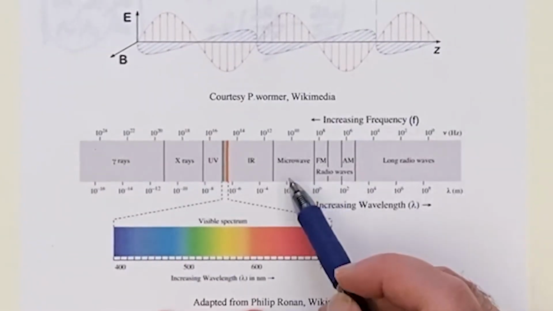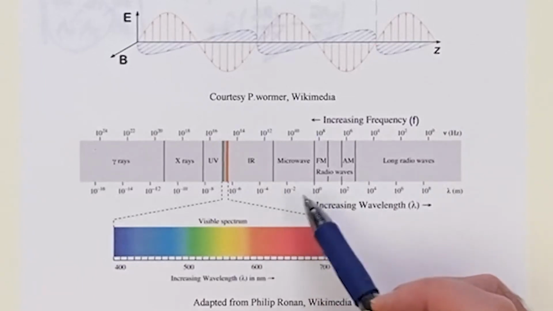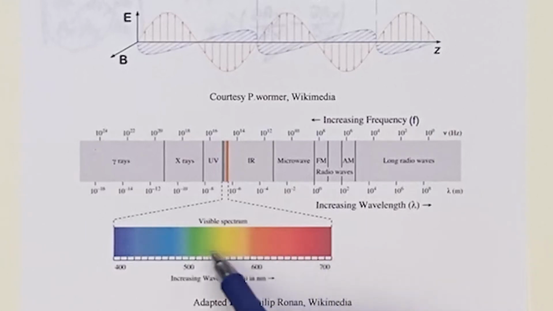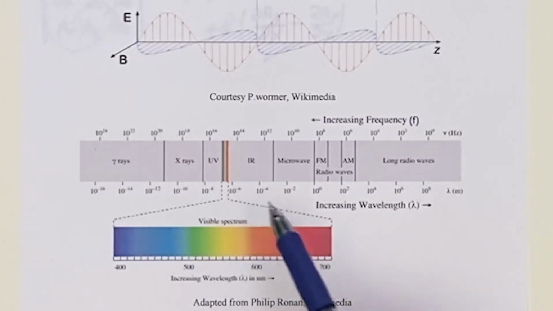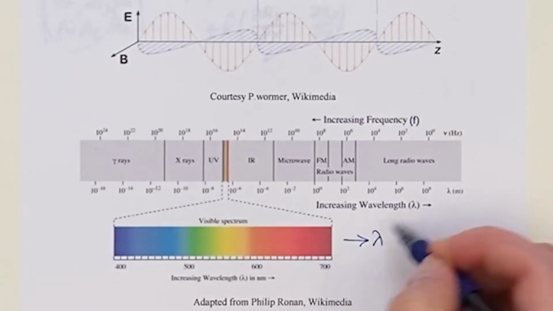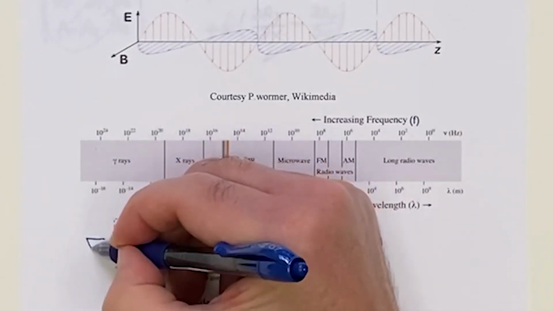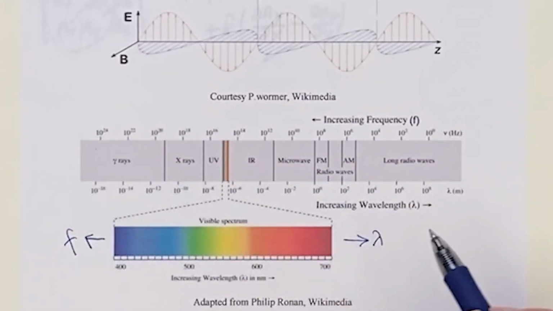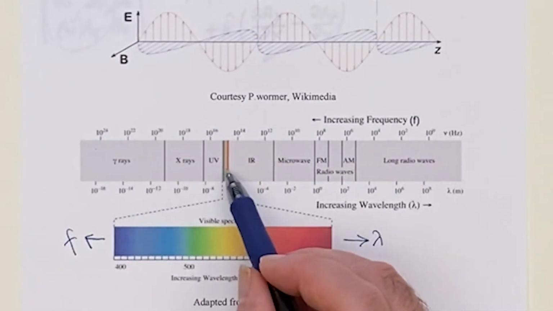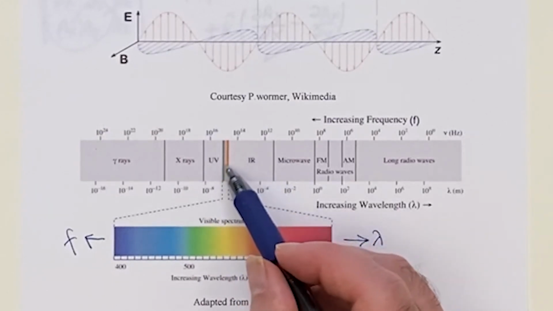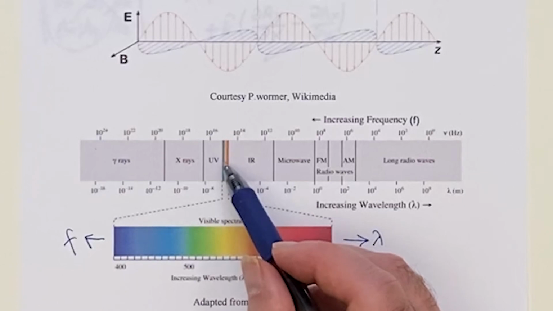And that gives us the rich electromagnetic spectrum here, where the visible spectrum is a very small part of the spectrum. Here the wavelength increases to the right and the frequency increases to the left. So that's like the Roy G. Biv going that way. And here you're talking something like 10 to the 15 cycles per second.